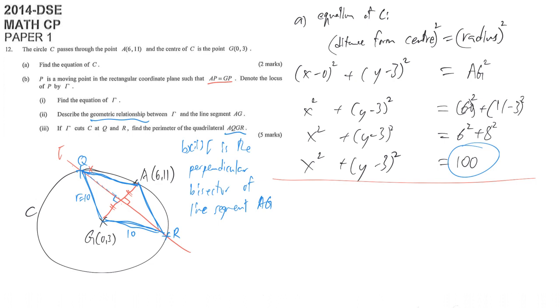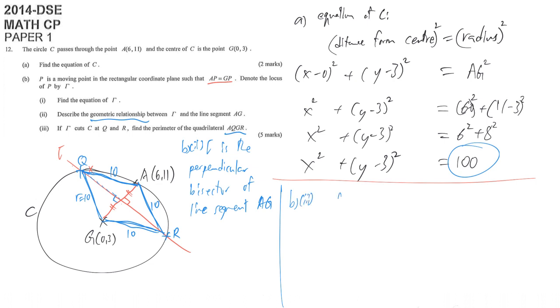So this triangle and this triangle are congruent. The reason is SAS. The sides are the same, one pair, and then one pair of angles both 90 degrees, and then a common side here. So that's why this is equal to this. This is 10 also. Similar reason, this is equal to this. This is also 10. So this quadrilateral is a rhombus, and then we can make a conclusion.